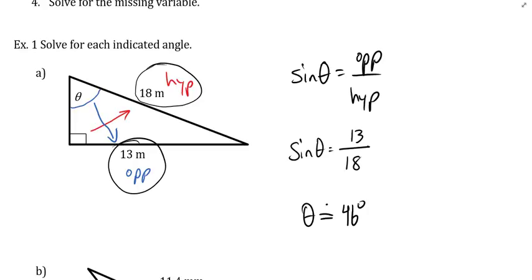So that would be like, if it was sine theta, it would be like if the 18 was here and the 13 was here. Hypotenuse is on the bottom. So it's 13 divided by 18 is what it's supposed to be. If you flip that to 18 divided by 13, what's wrong with this triangle? The hypotenuse has to be longer. Your calculator knows that. So that's helpful.